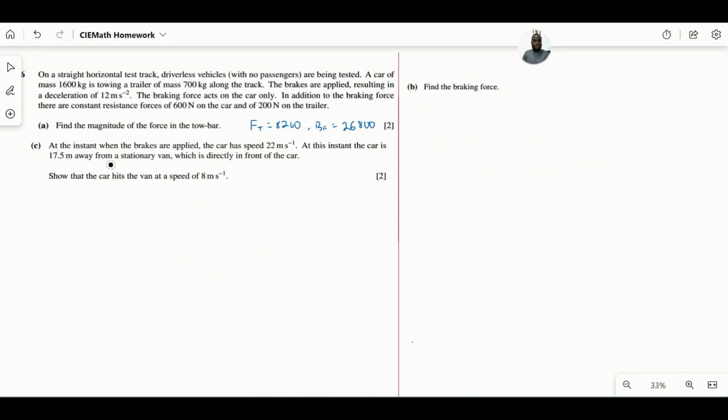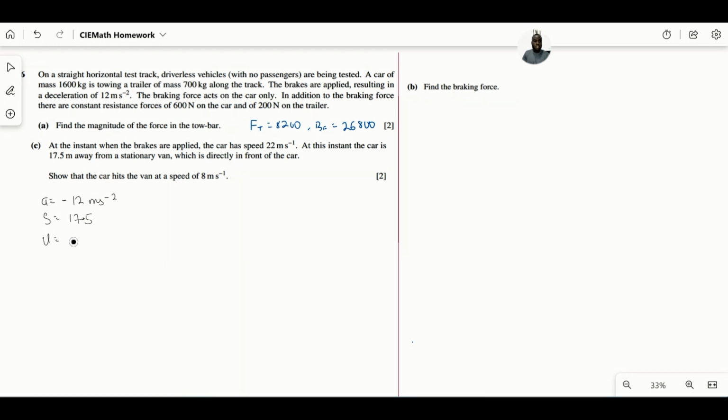Now, if the car at the instant where the brakes are applied has a speed of 22 meters per second and is 17.5 meters away from a stationary van, which is directly in front of it, I want to show that the car hits the van at a speed of 8 meters per second. Now this is very straightforward. So we have the acceleration of the car given to us. We have the distance that needs to be traveled in order for us to hit the van.